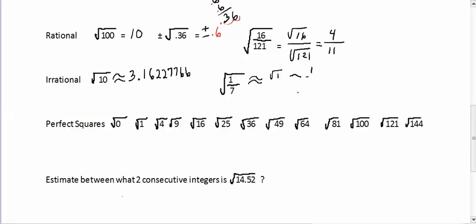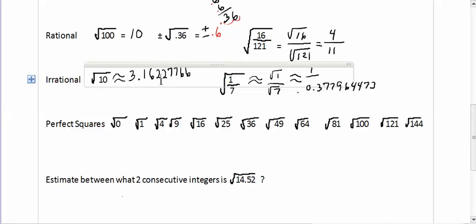That's a specific answer, but our bottom, the square root of 7, is 0.3779644473. Okay, so it's irrational. It does not terminate. It keeps going on, and okay?